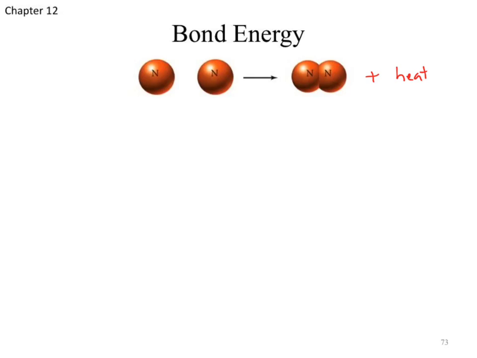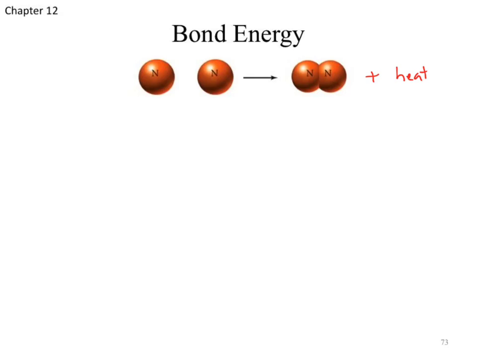Which goes counter to what we just said about the formation of a bond. So this means every time we form a bond, it is a release of heat, which is also known as an exothermic reaction. I know, fishing for a big term there. Okay. What if I break a bond?